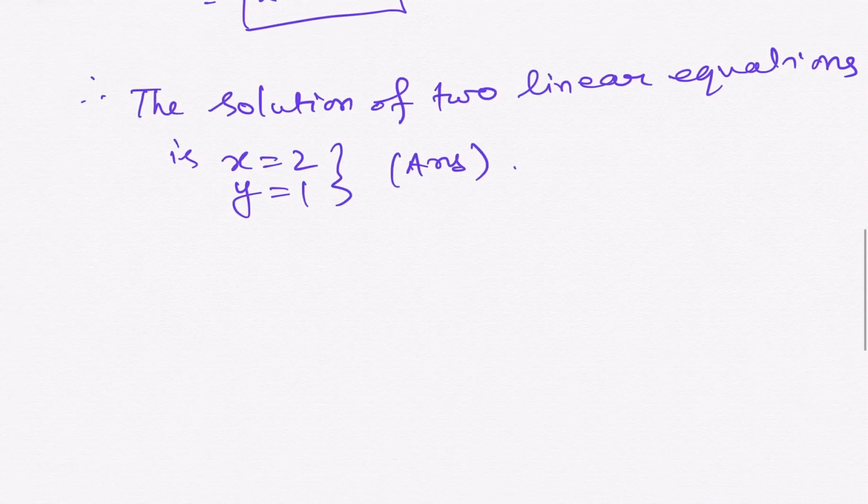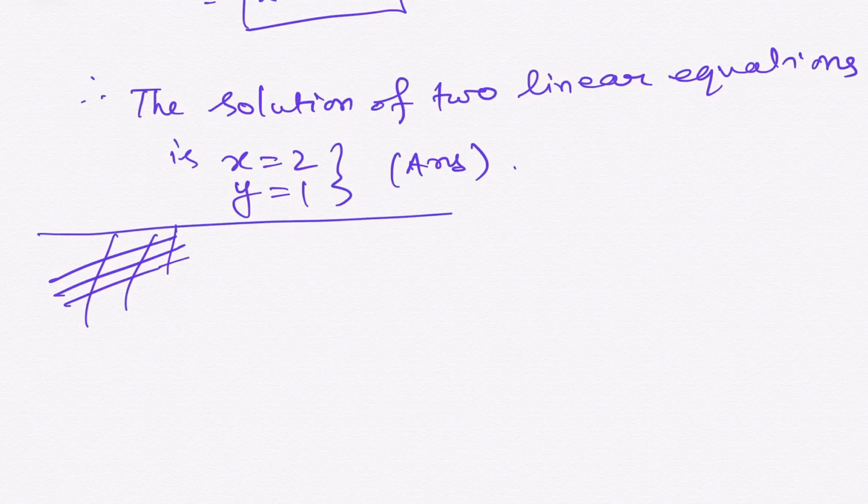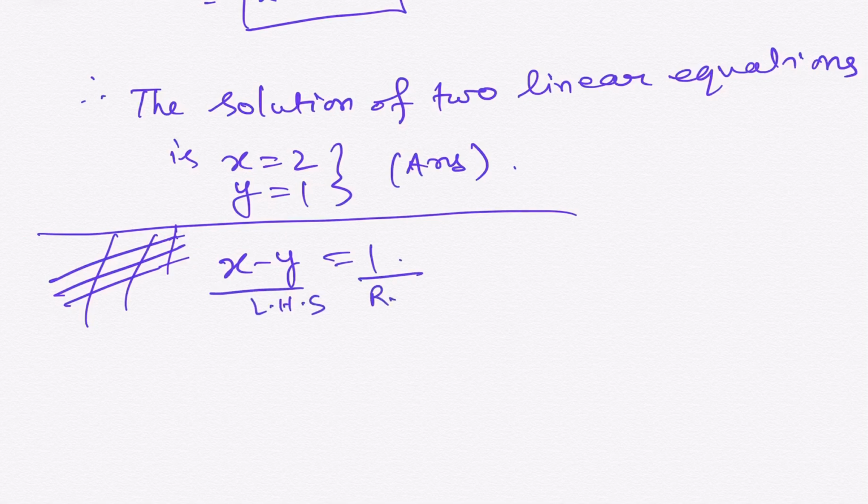Now if you want to check whether your answer is correct or not, you simply apply these two variable values in any one of the given equations. I am showing you here for your surety. I will take equation 2, which is x minus y equals 1. This is the LHS part and this is the RHS part.